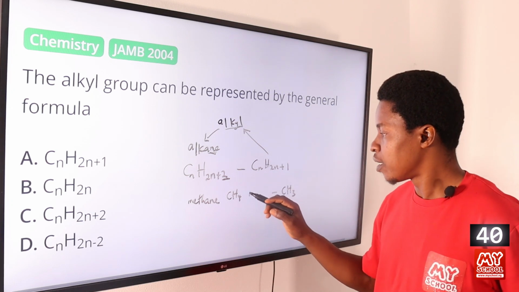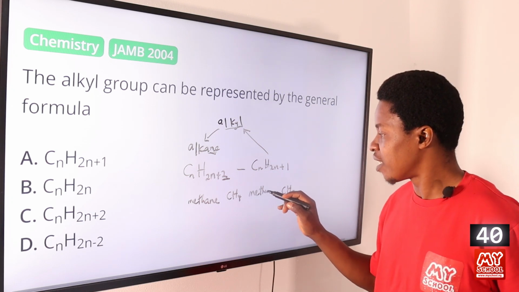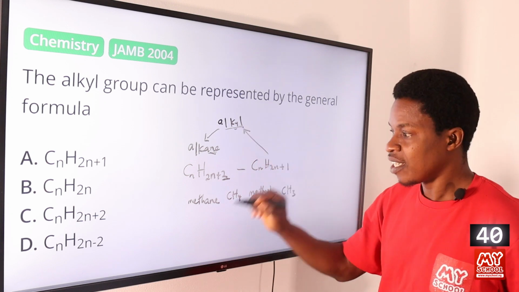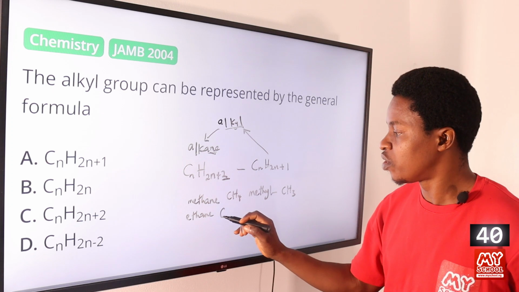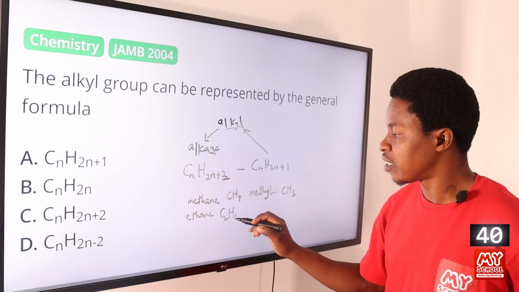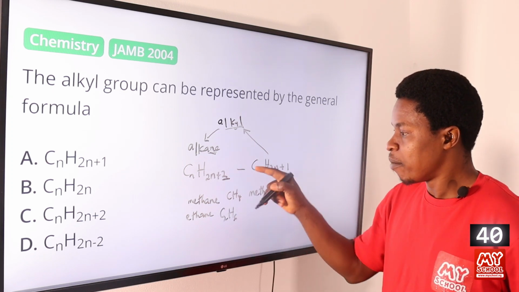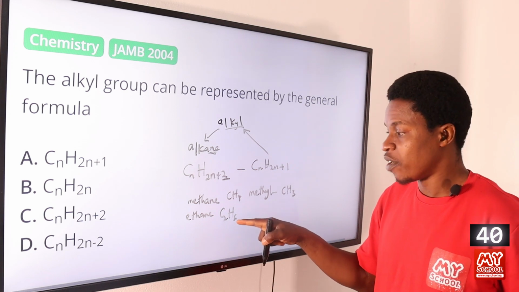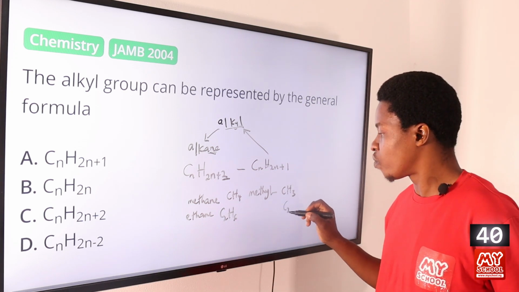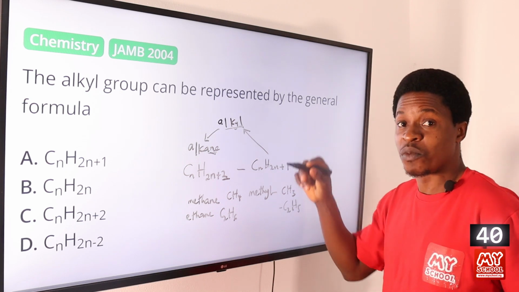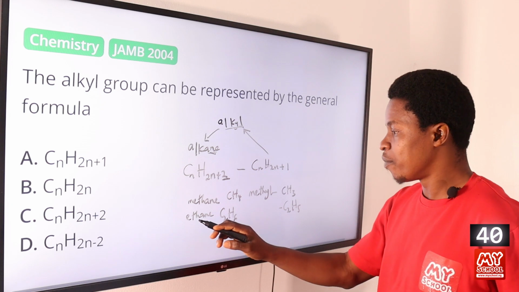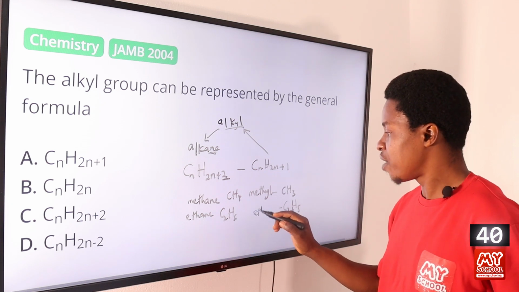This will be called methyl, because it's an alkyl. The same thing happens if you have ethane, which is C2H6. Remember, to make it alkyl, you remove one hydrogen from here, so it becomes C2H5. So it becomes like a substituent that is added to the carbon chain. Instead of being ethane, it becomes ethyl.